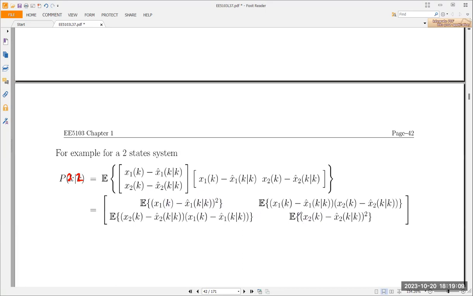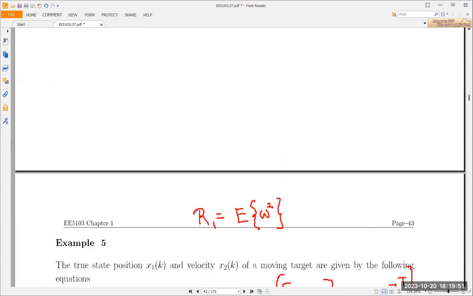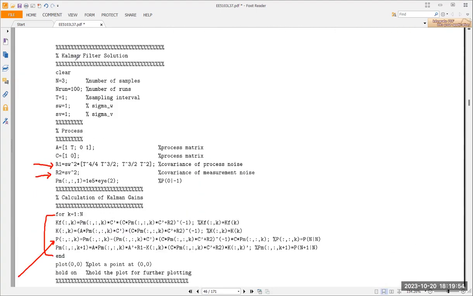For this tutorial question, it will be 2, 2. But don't forget, there are 10,000 estimates and 10,000 true states. So find the error, square it, find the mean. If you look at your MATLAB program, you are changing n run to 10,000.